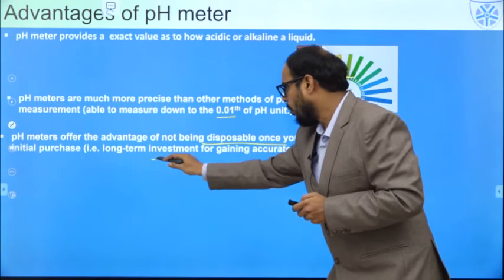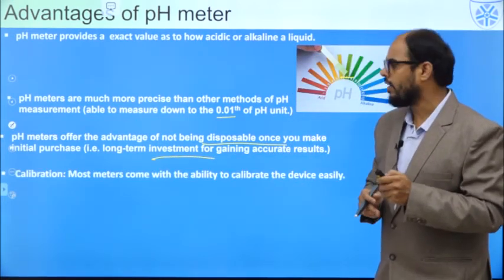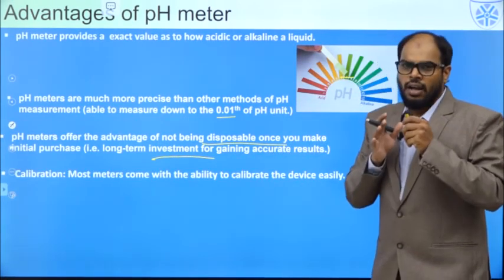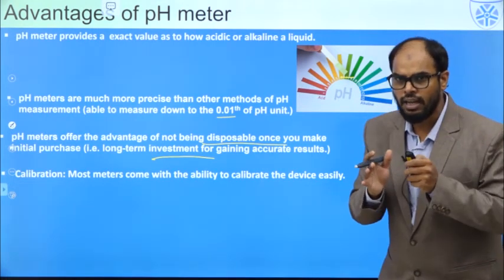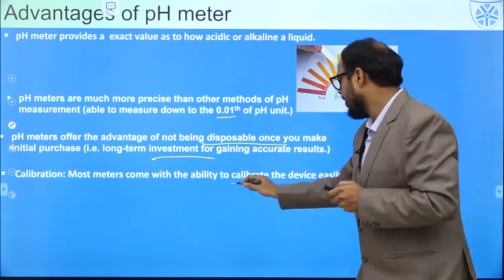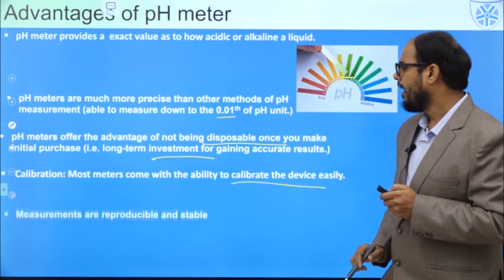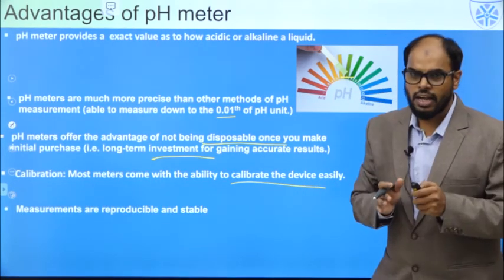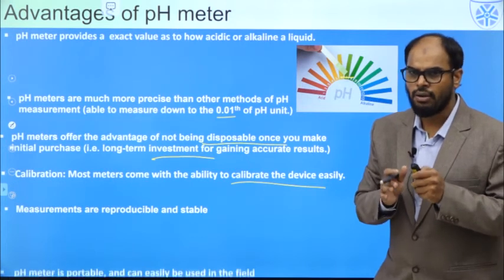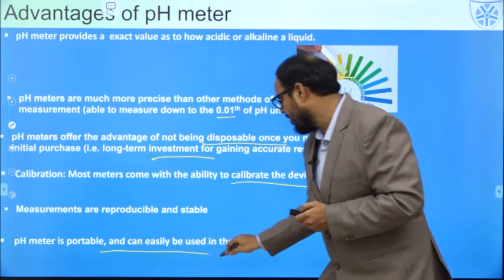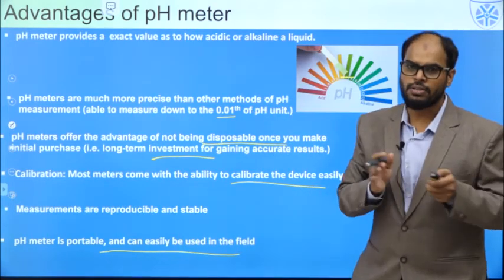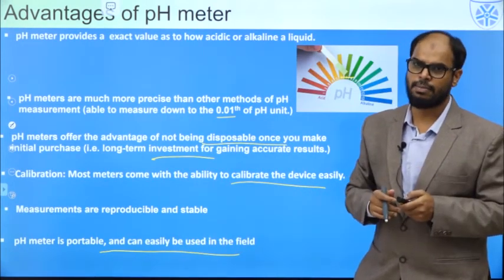It's a one-time investment for gaining accurate results, and we just have to calibrate, and this calibration is inbuilt in modern day pH meters. This can be done very easily, and the values are reproducible and stable over a long period of time, and this portable pH meter can be easily used from one place to another at the point of experimentation.